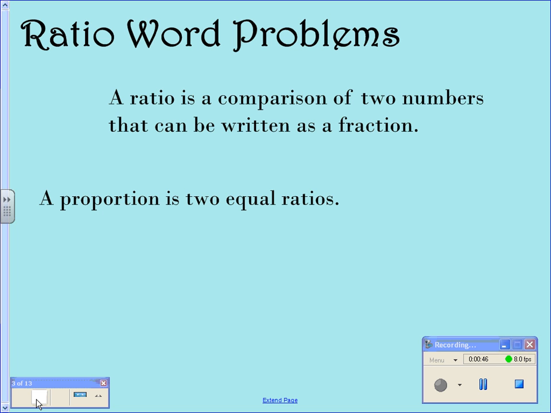Whenever you have proportions, you have two ratios that are equal to each other. The cross products of equal ratios are equal.